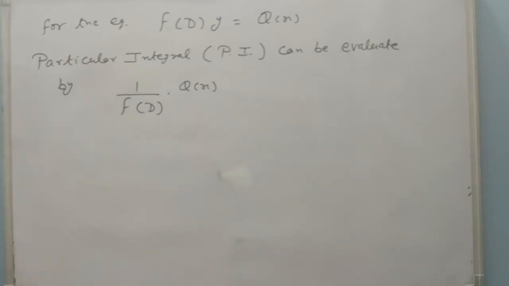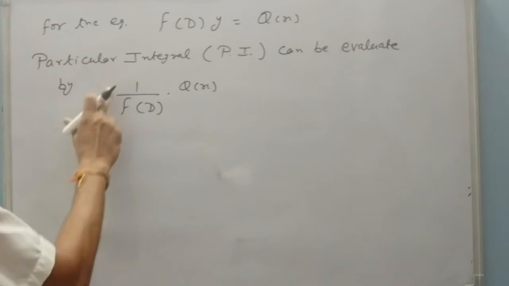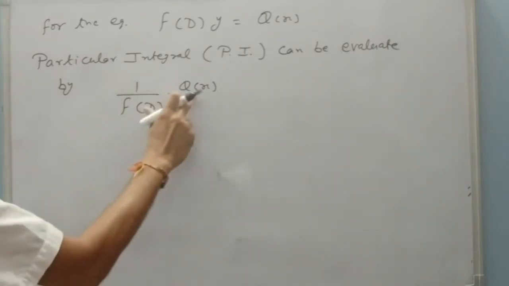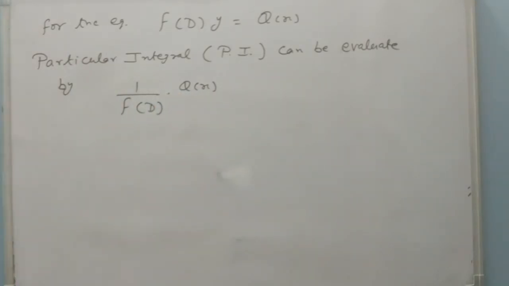Now for finding the particular integral, we have to evaluate 1 upon f(D) of Q(x). This Q(x) can be in 5 different ways.